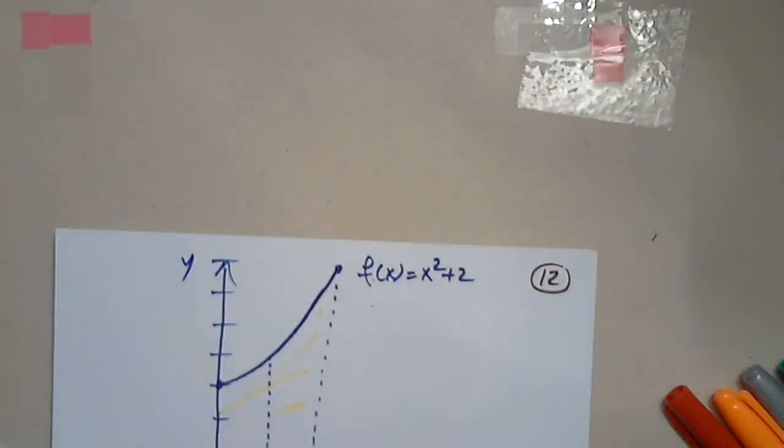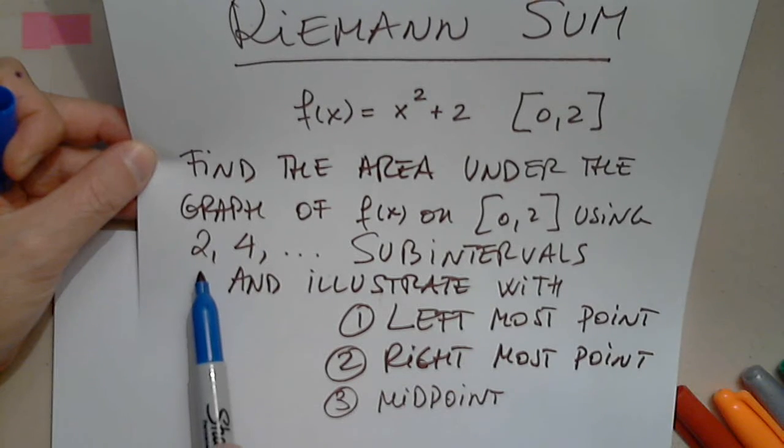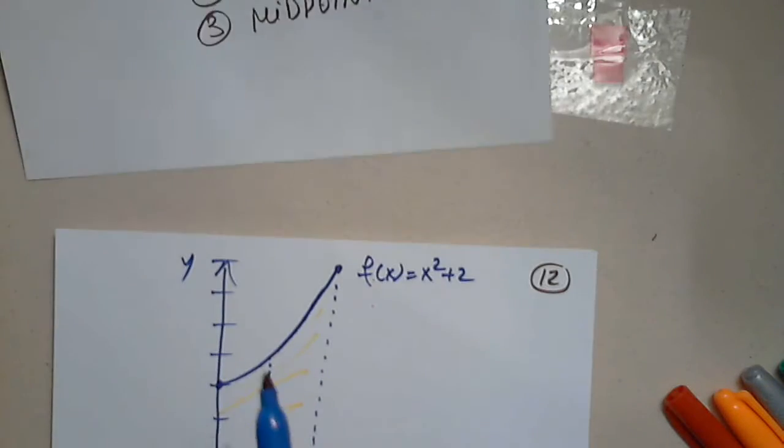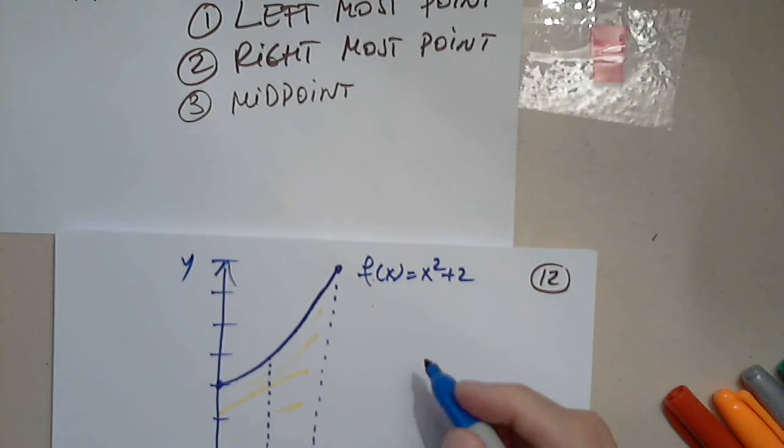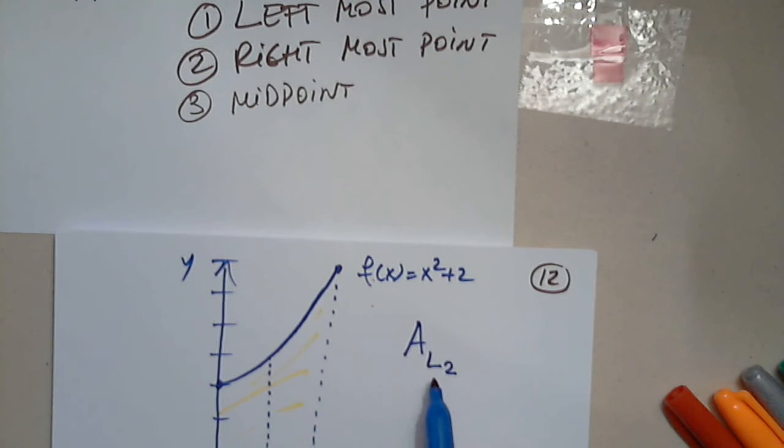First, I'm asked to find the area using 2 subintervals. Okay then. So the area using the leftmost point. There is another way, called the trapezoid rule, but for now we're using rectangles.